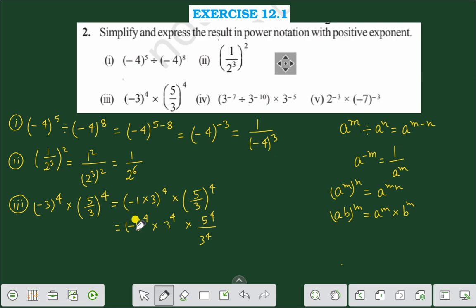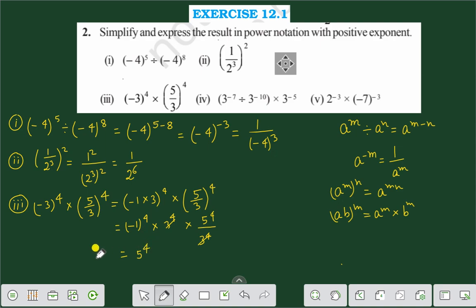Therefore, we are getting 5^4, and that is the answer.